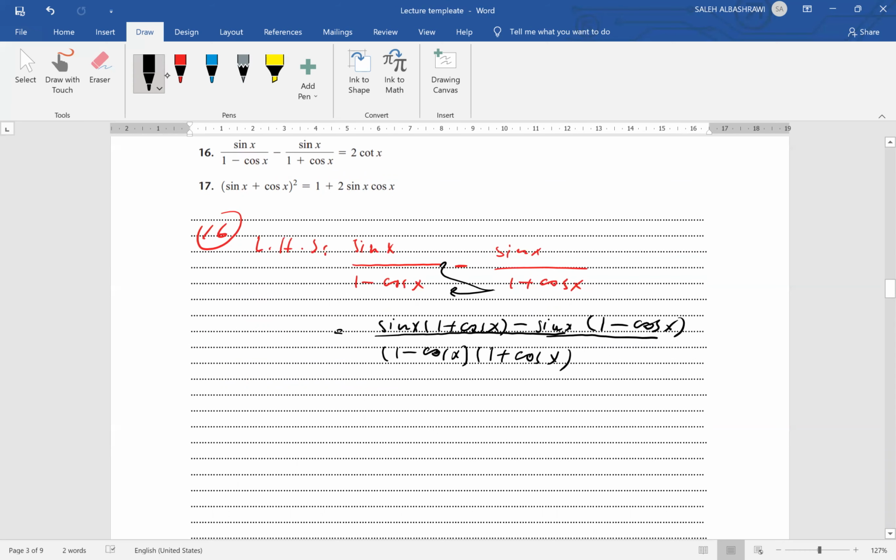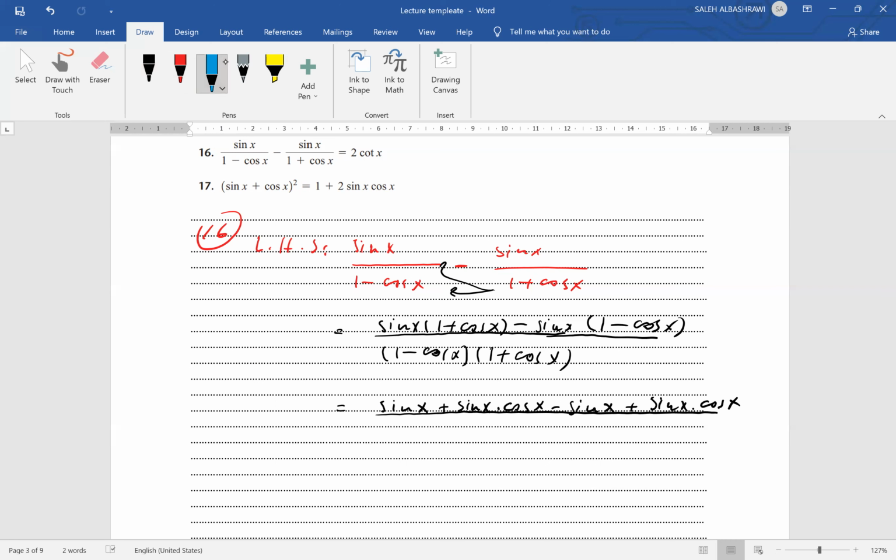And this will give me, for the numerator, we can open the brackets. I will have sine x plus sine x times cosine x, minus sine x, plus sine x times cosine x, divided by, for the denominator, it is a minus b times a plus b.